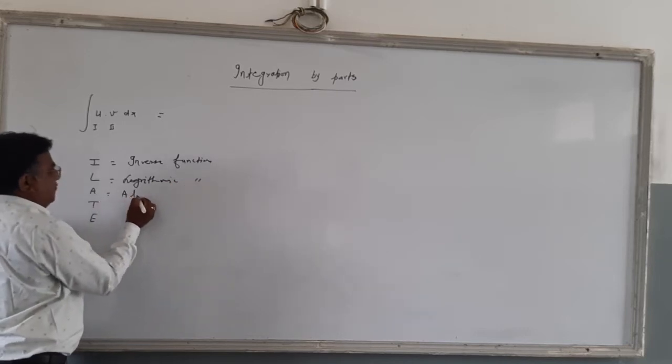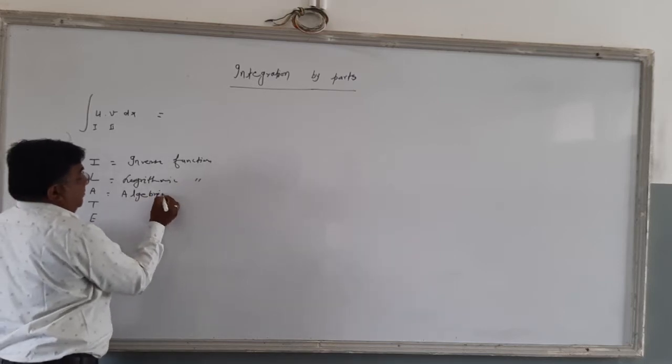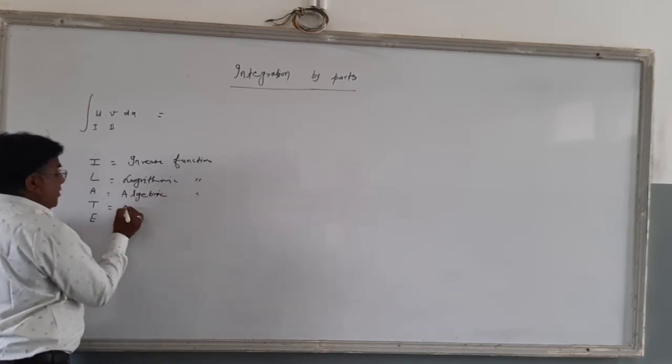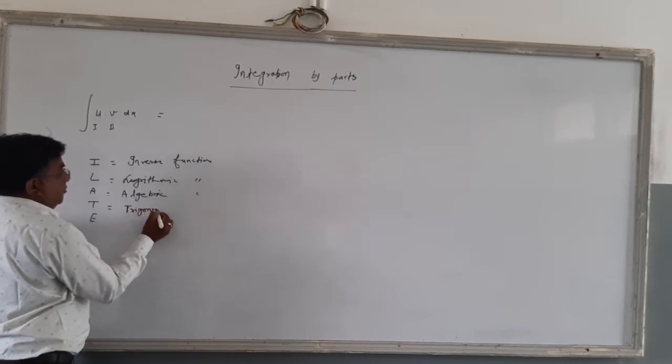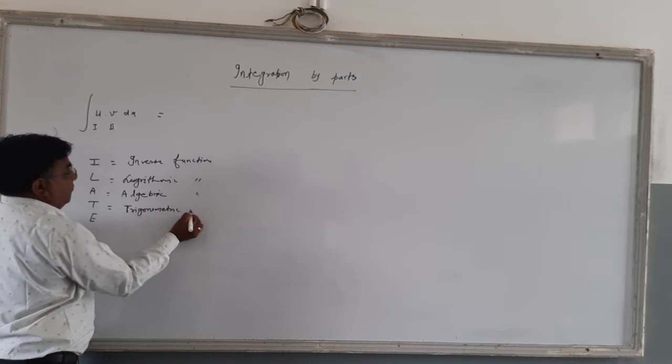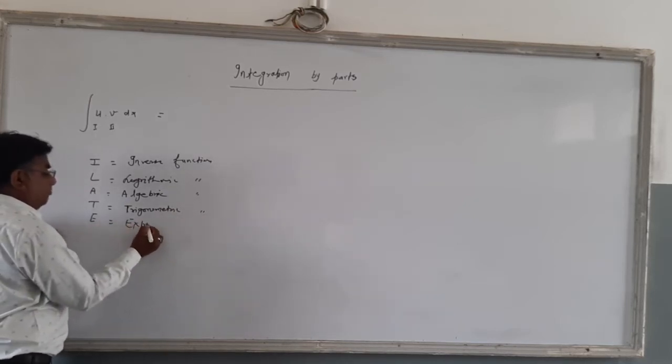A is the algebraic function. T is the trigonometric function. And E is the exponential function.